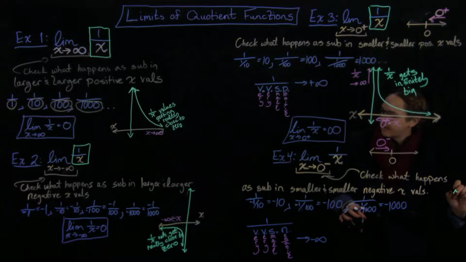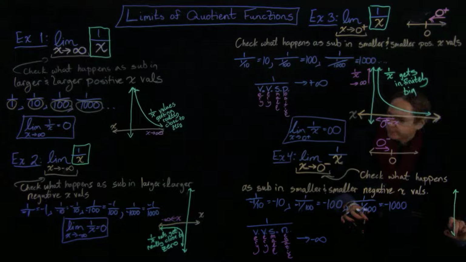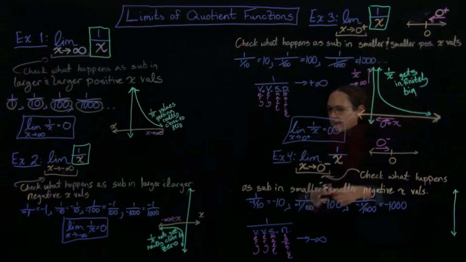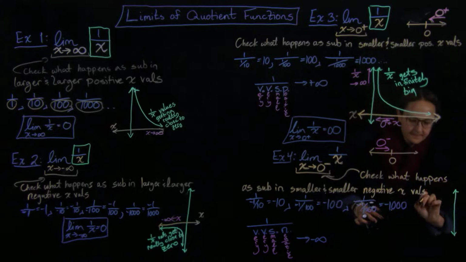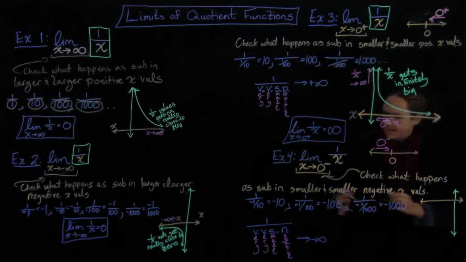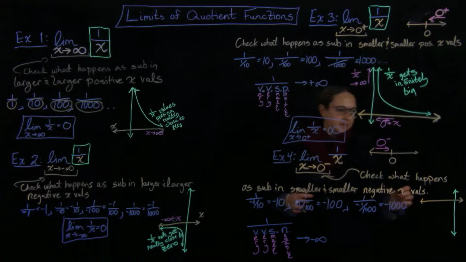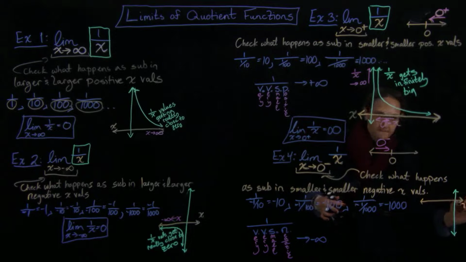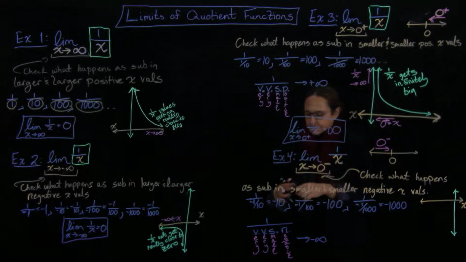So we have something like this, and then we have another like this, and this is my x-axis. Okay, you can see that.